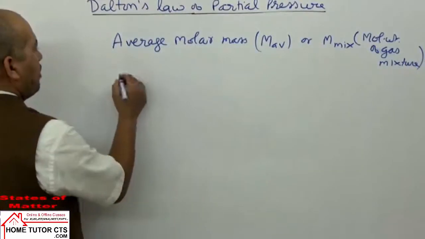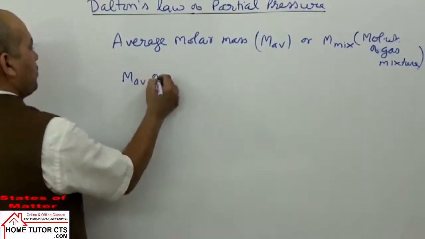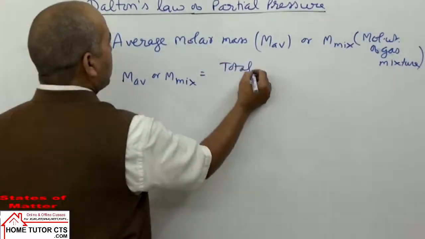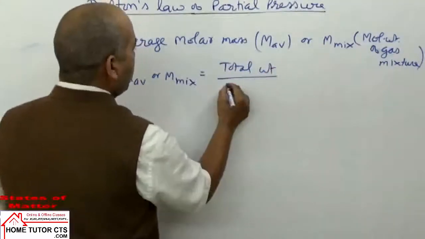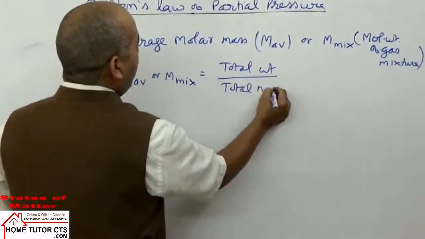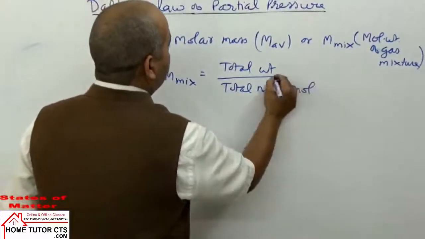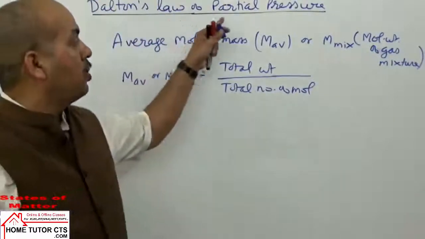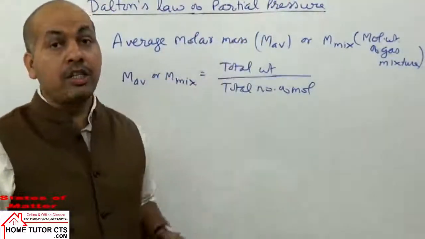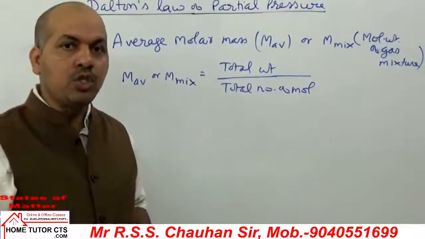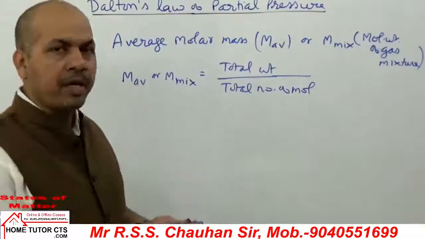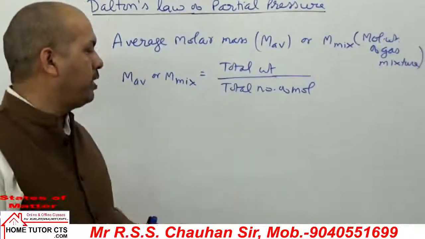How to find this M average or M mixture? It simply can be taken as the total weight of the gas mixture by the total number of moles. See, this concept of average molar mass, and Dalton's law of partial pressure, the term partial pressure is useful and will be used in the topic chemical equilibrium. When we read the chapter chemical equilibrium, this concept is required.